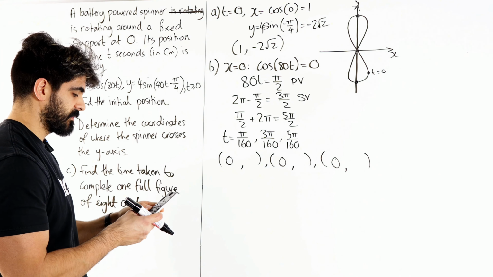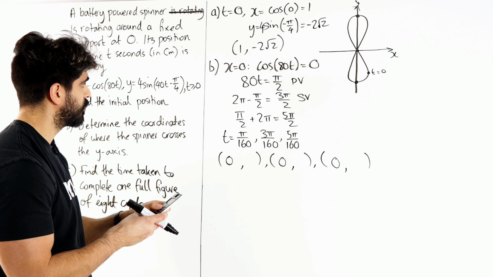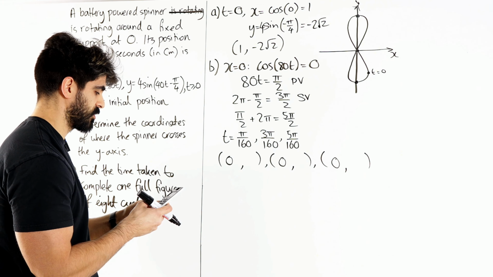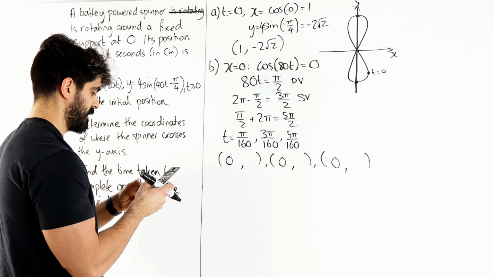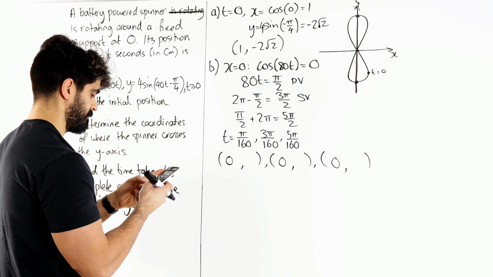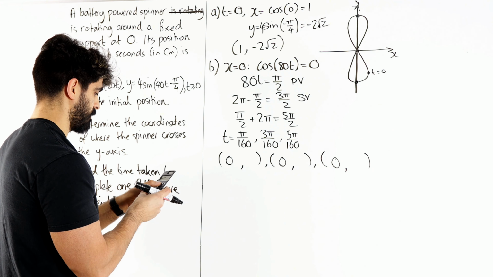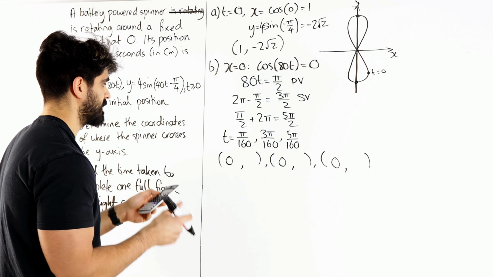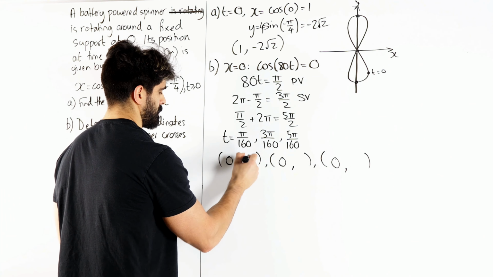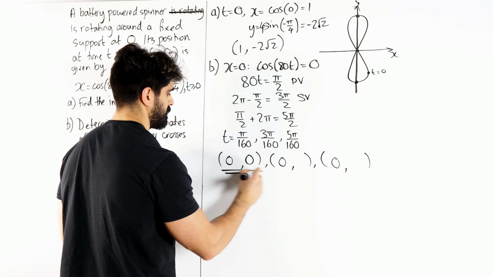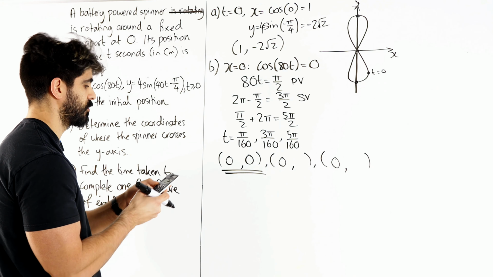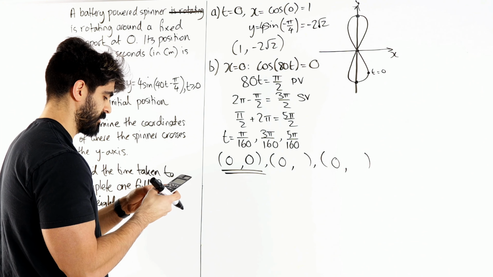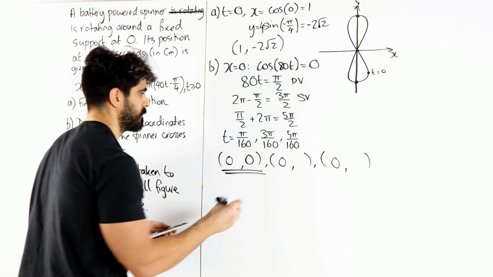So I don't want to see people in the comments section saying nonsense like that. What I'm going to do with this, I'm going to say pi over 160. I'm going to store it. I'm going to type in 4 sine (40A minus pi over 4), so I stored it as A. I get 0. There's one of my solutions. Then I'm going to press the calc button and change it to 3 pi over 160. I get 4.